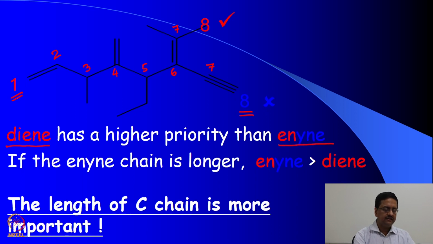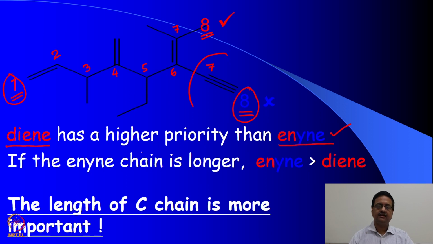So, if we write the numbering from 1 to 8 on the inside, then it is named as diene, and that 'yne' is a substitution. If we write it from this 1 to that 8, then it becomes enyne, and that gets a side chain. And the rule says diene has a higher priority over enyne. So, we should number it in the way shown above.